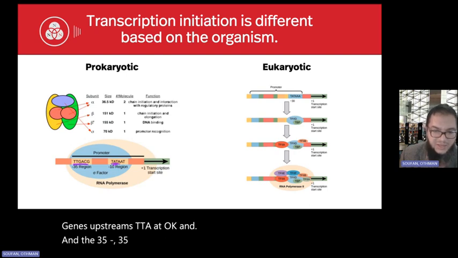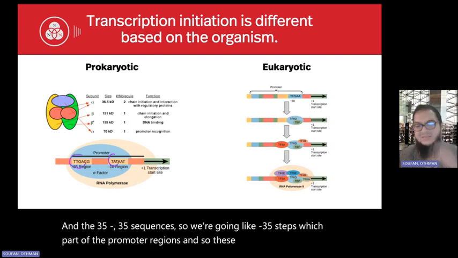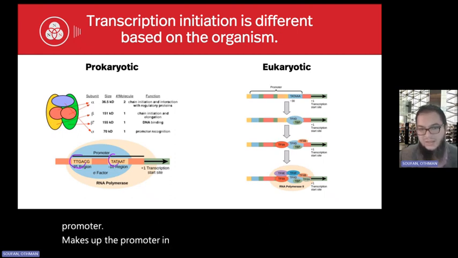So we're going minus 35 steps, part of the promoter regions, and these areas make up the promoter in prokaryotes, and that is a unique composition and shape for them.